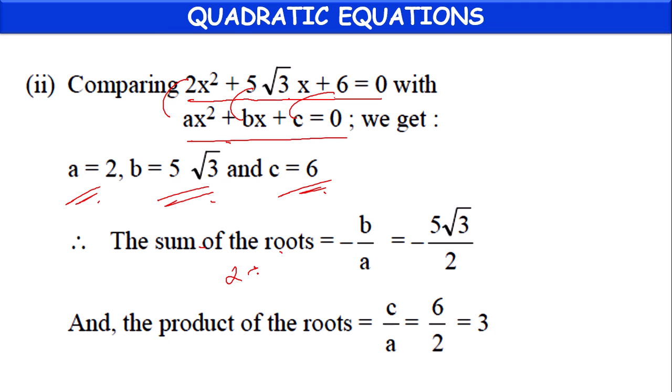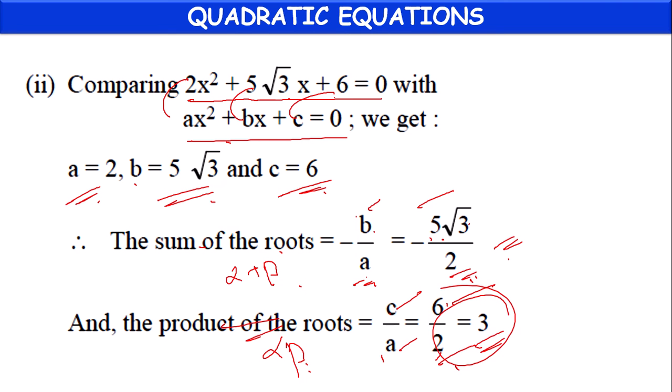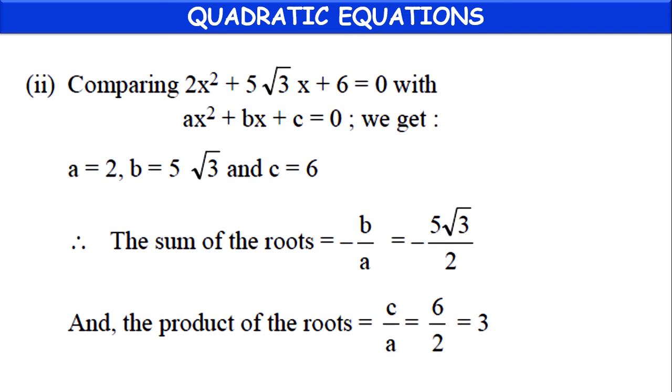Sum of roots alpha plus beta equal to minus b by a, minus 5 root 3 by 2, because b value is 5 root 3, a value is 2, we just have to substitute the values. And product of the roots alpha beta equal to c by a, c value is 6, a value is 2, 6 by 2 is nothing but 3. Like this we can find.